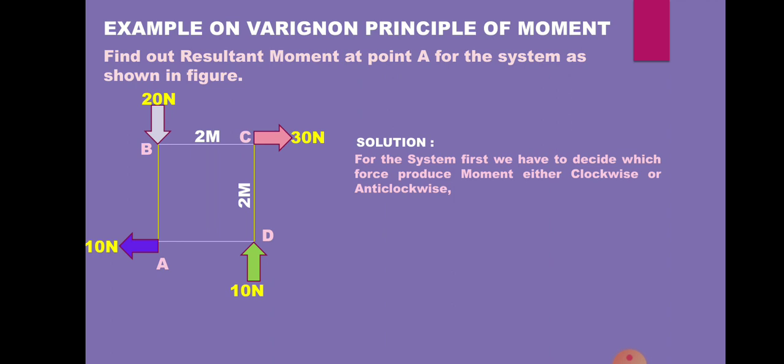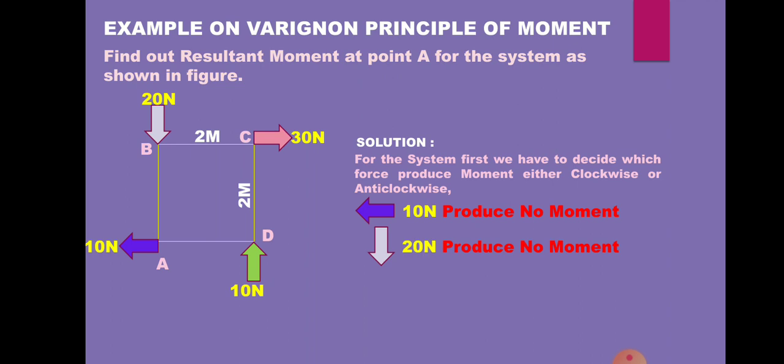For the system, first we have to decide which forces produce moment, either clockwise or anti-clockwise. First of all, the 10 Newton force at A produces no moment because it has only force, not a distance. The second one is the 20 Newton force.